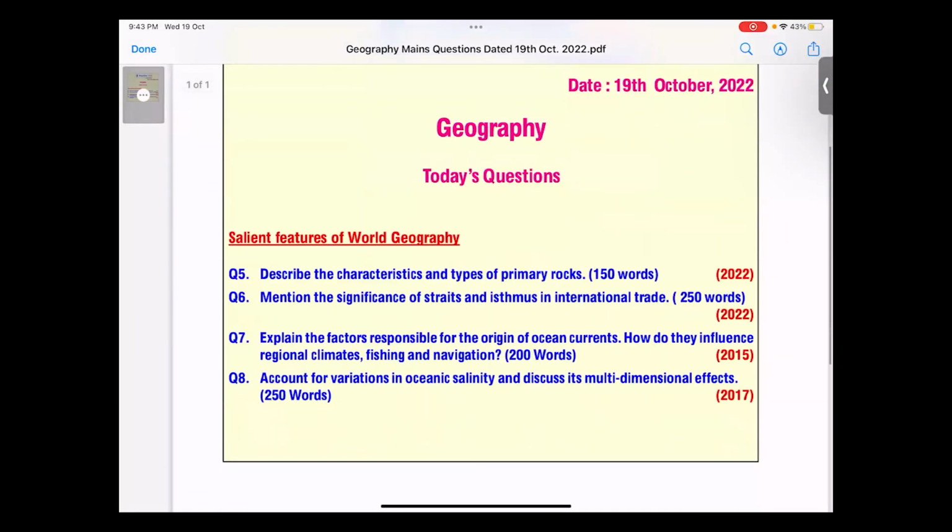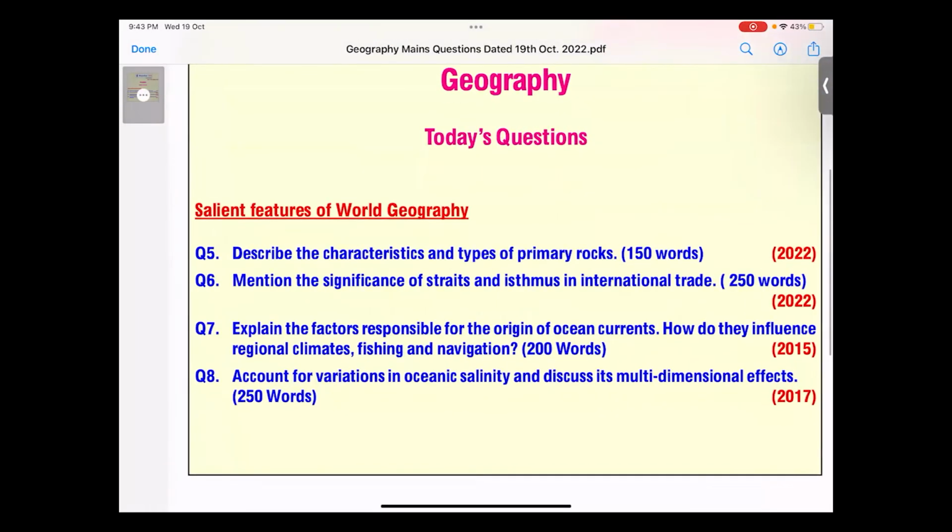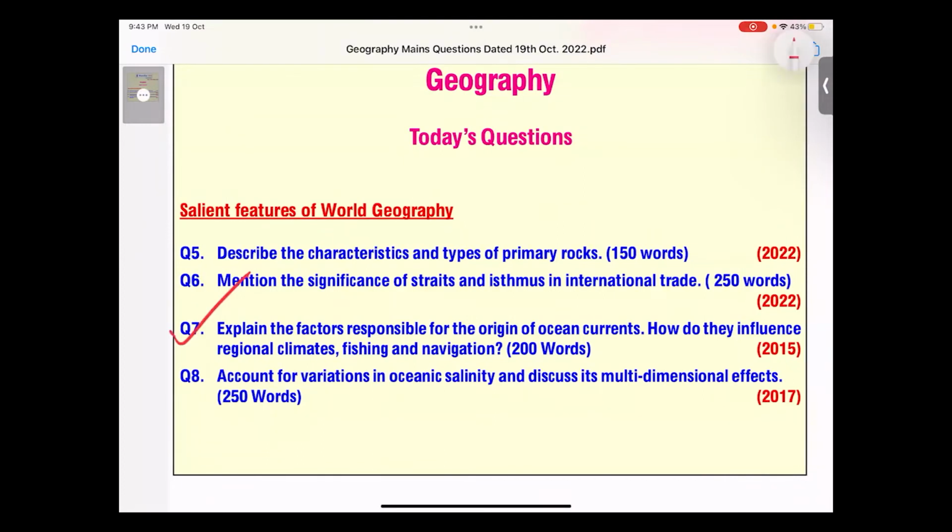Okay? See the seventh question. Explain the factors responsible for the origin of ocean currents. How do they influence regional climates, fishing and navigation? So again, two parts to the question. Be very careful while attempting questions in geography, because the questions will have multiple dimensions.